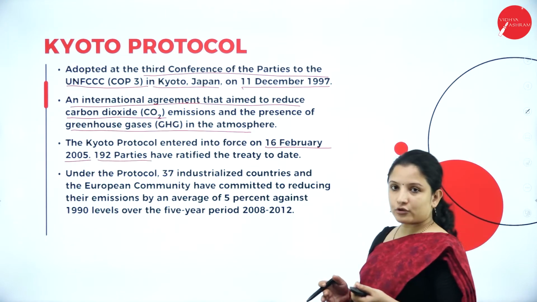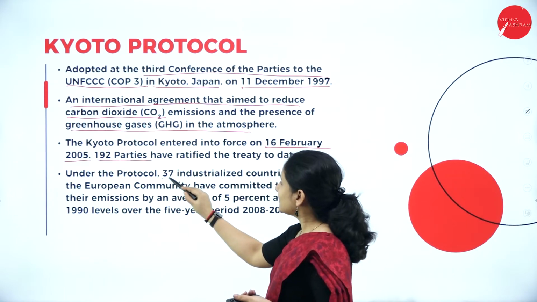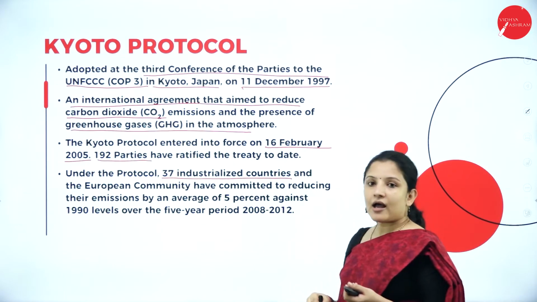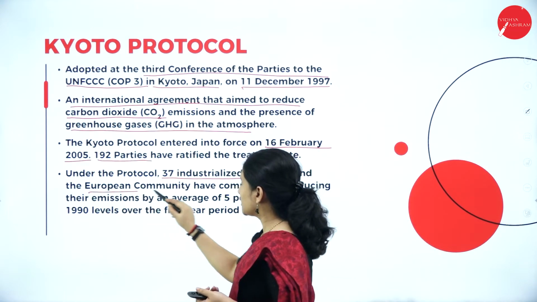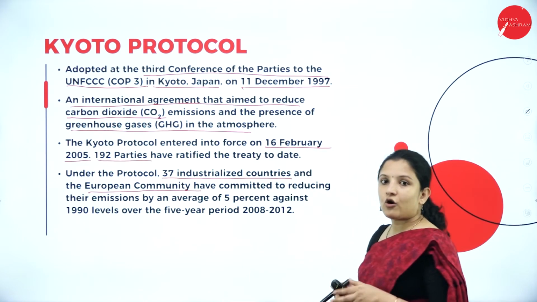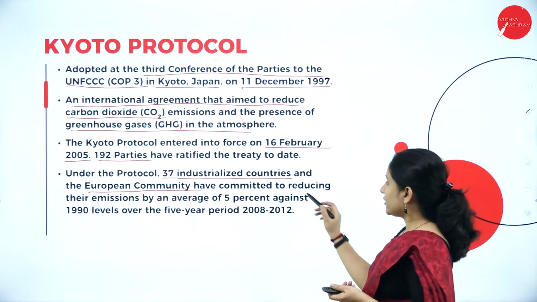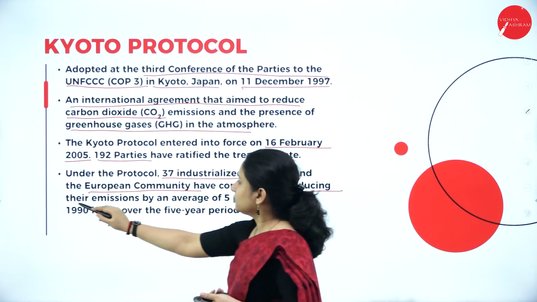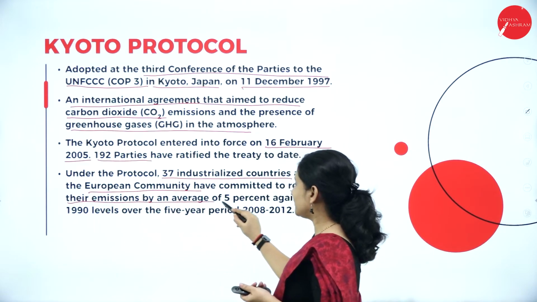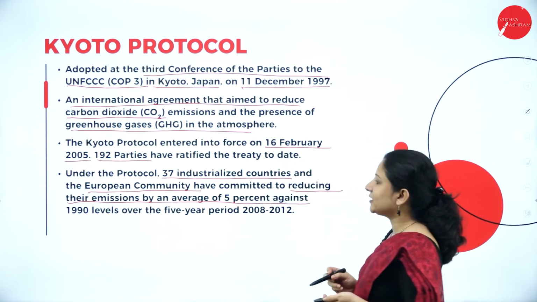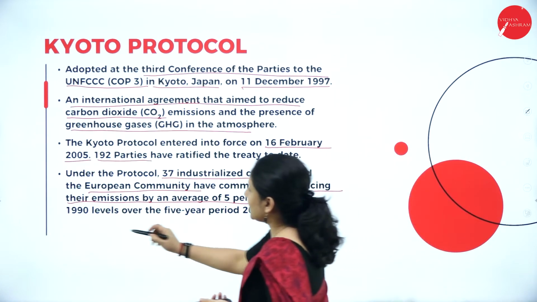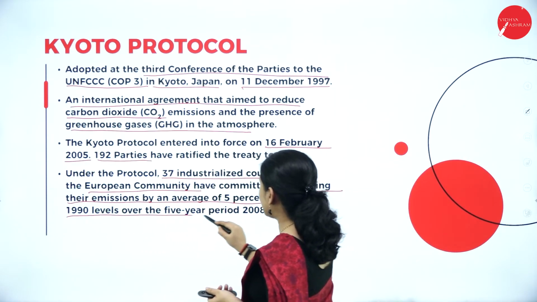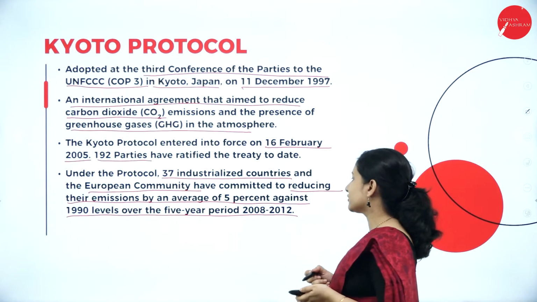And under this protocol, 37 industrialized countries and the European Community have committed to reduce the emission of greenhouse gases by an average of 5% against the 1990 levels over the 5-year period 2008 to 2012.